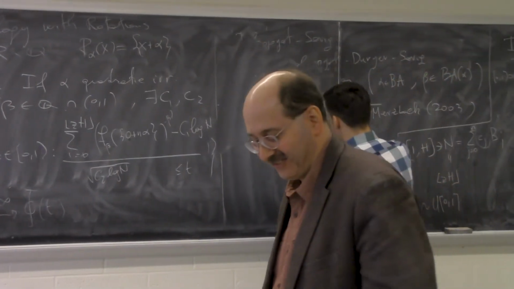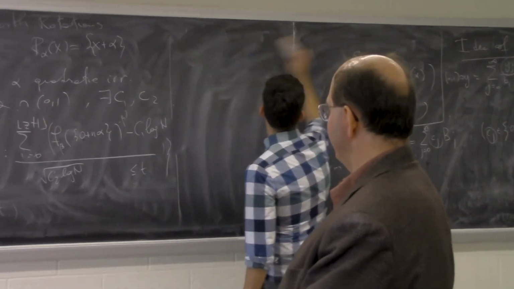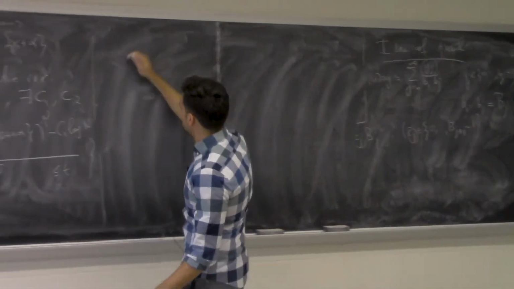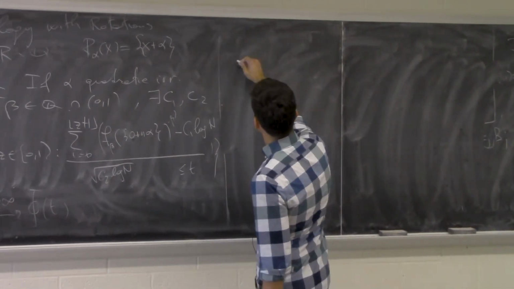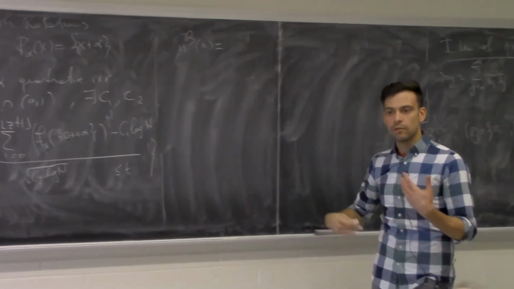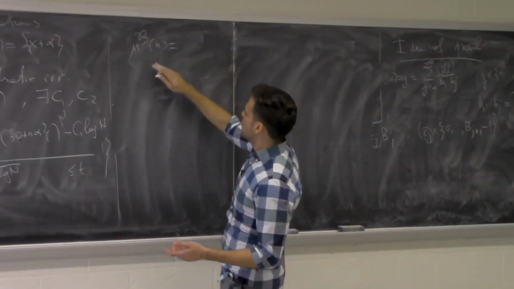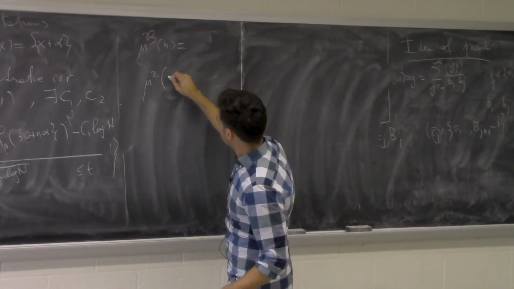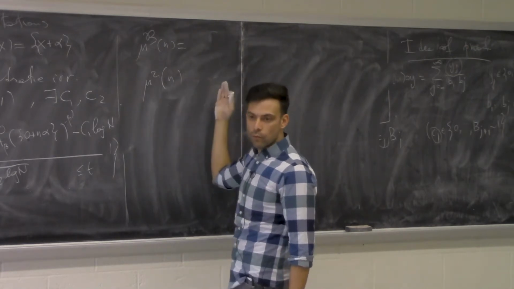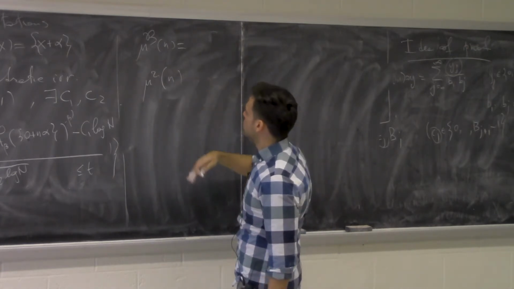So the idea is the following. You look at mu b of n. It's like the square of the Möbius function. Mu square of n is 1 or 0, whether n is square free or not. From number theory.